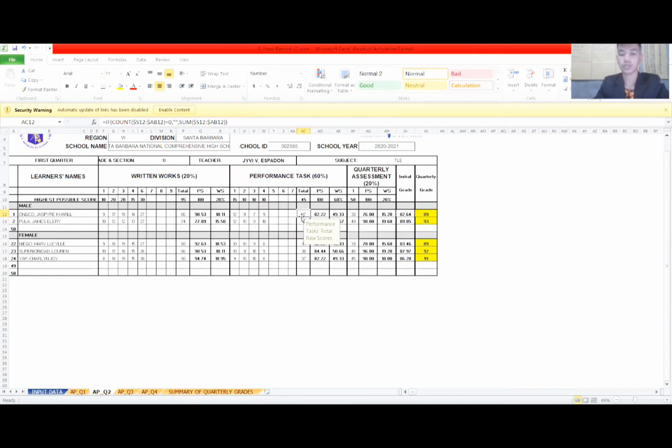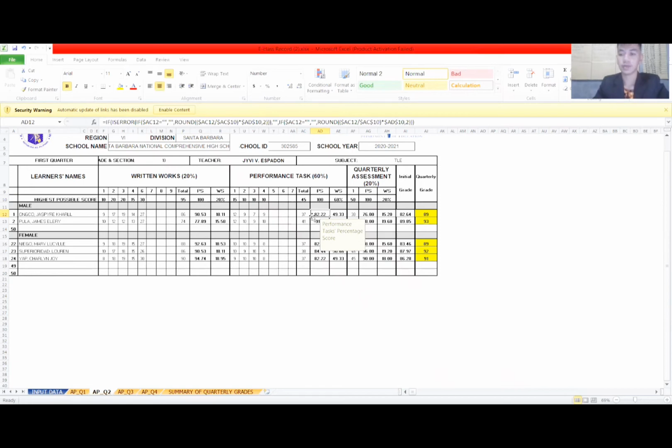So the total score of Mr. Ongko is 37, so Mr. Ongko has an 82.22 percentage score. Why did Mr. Ongko get 82.22? Because this 37 will be divided by 45 and multiplied by 100, which is equal to 82.22.